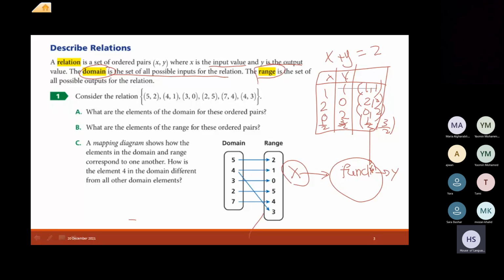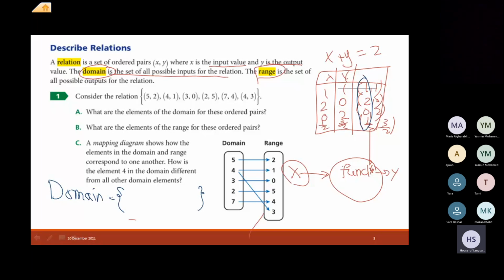Where is the domain here? Who can give me the numbers of the domain? 1, 2, 0, half. The values of x. So the values of x are the domain. I will write the domain between set brackets.